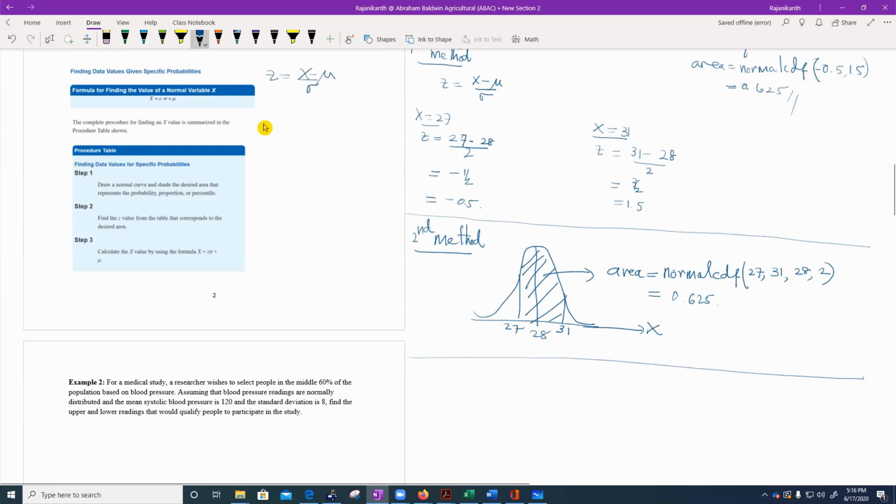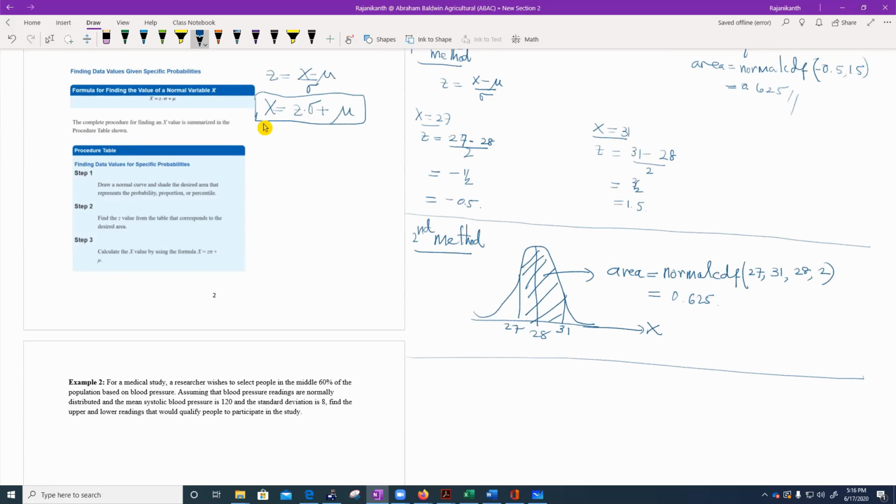Suppose you know the z value, then how do you find the x value? x is simply given by the z value times the standard deviation of the original x, plus the mean of the original variable x. So x is given by z times standard deviation plus mu.